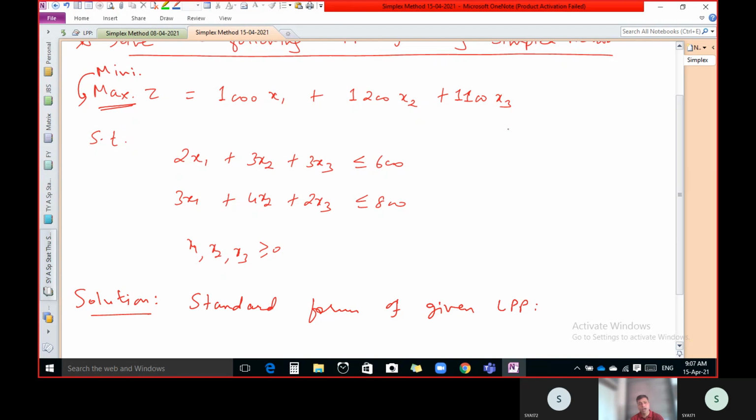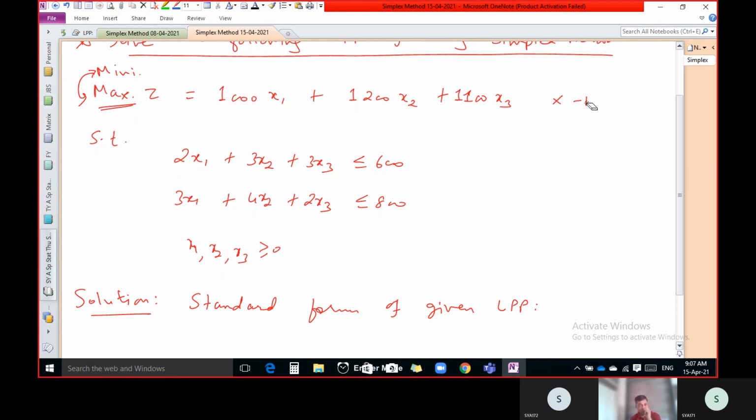Just multiply this by -1 and you get maximize form in place of minimize form. And if I multiply this maximize form with -1, I will get minimize form. So converting minimize to maximize or maximize to minimize, you just have to multiply the function by -1.